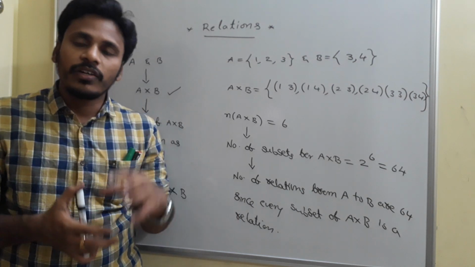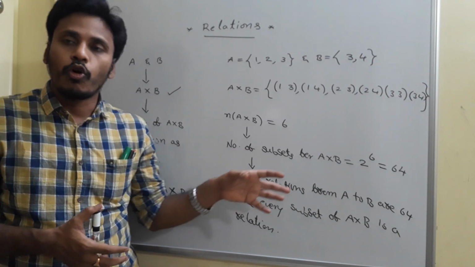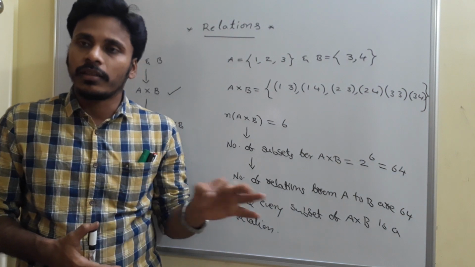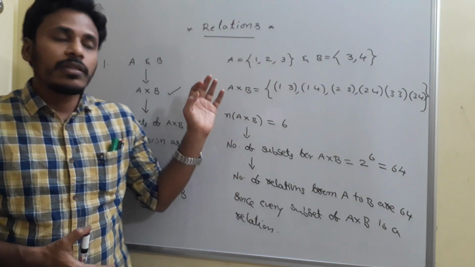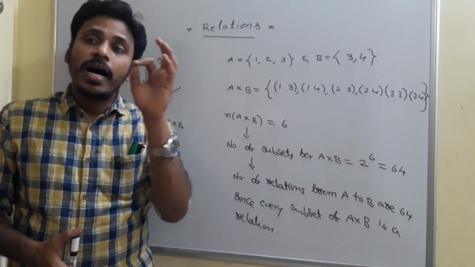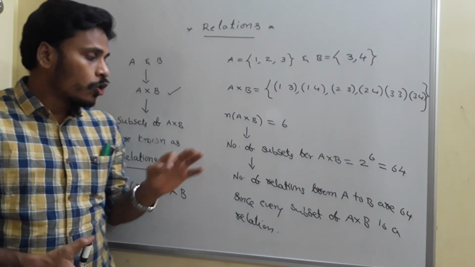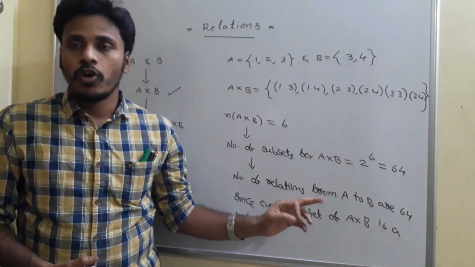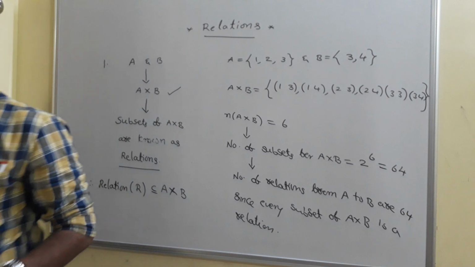To understand that relation we analyze different properties of the ordered pairs. Since there are 6 elements in A cross B, there exist 64 subsets and every subset is a relation. So the number of relations from set A to set B is 64. Just have a look and then I will continue.